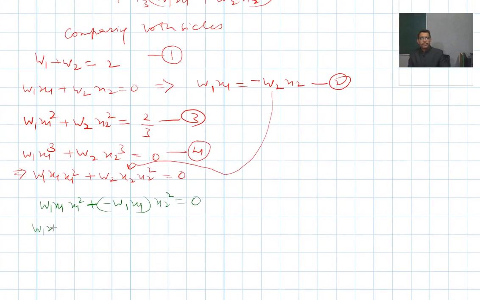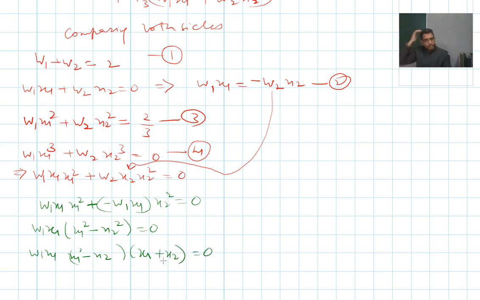And w1 x1 can be taken outside. Inside it is x1 square minus x2 square is equal to 0. w1 x1 times (x1 minus x2) and (x1 plus x2). It's a simple formula, a square minus b square, which I am using here, and it's equal to 0.